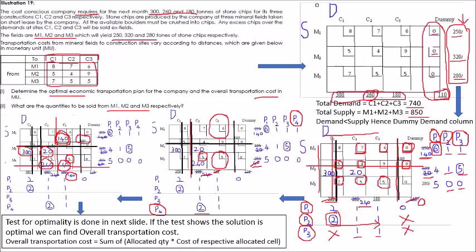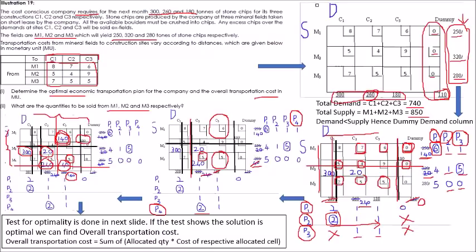So we have 6 allocations. There are 3 rows and 4 columns, so m plus n minus 1, which is number of rows plus number of columns minus 1, equals 3 plus 4 minus 1, which is 6. The number of allocations in the answer is 6.